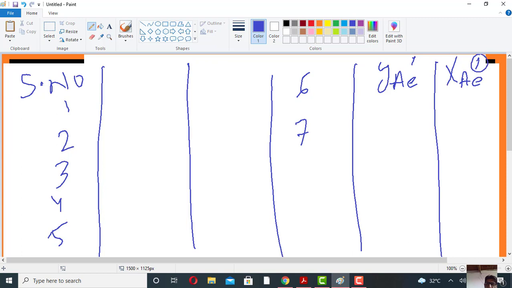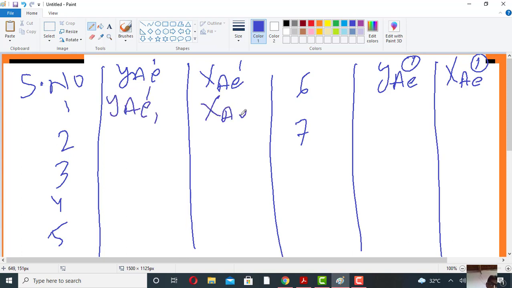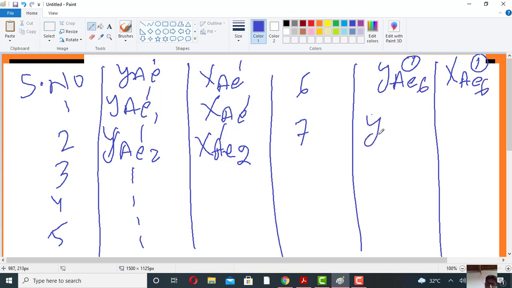The dash shows 20 degrees C. So YAE dash 1, XAE dash 1 during experiment number 1. During experiment number 2, it was YAE dash 2, XAE dash 2, and so on. This is YAE dash 6, XAE dash 6, YAE dash 7, XAE dash 7, and so on.